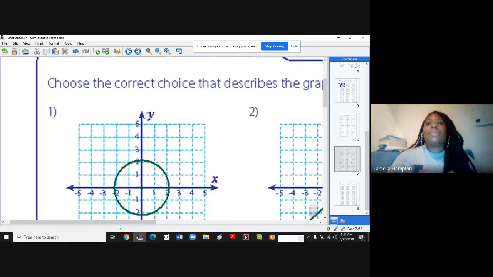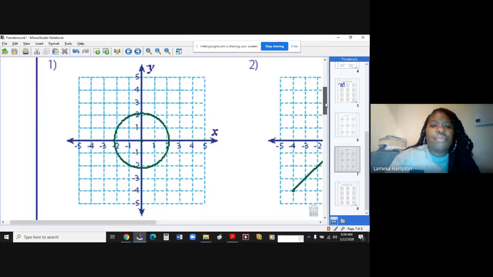Sometimes on your GED exam, they may give you a picture and tell you, is this a function or not? So I want to go over just a couple of these to show you how to recognize whether or not a picture is a function. Now remember, for every input, there's supposed to be one output. So keep that in mind.